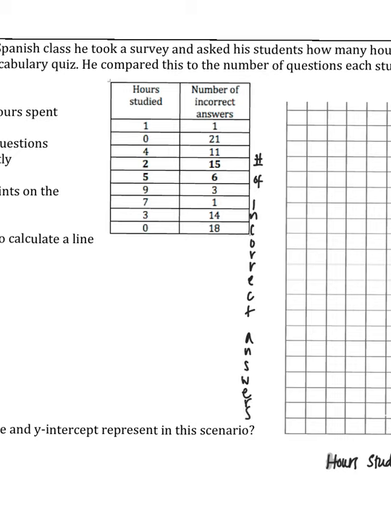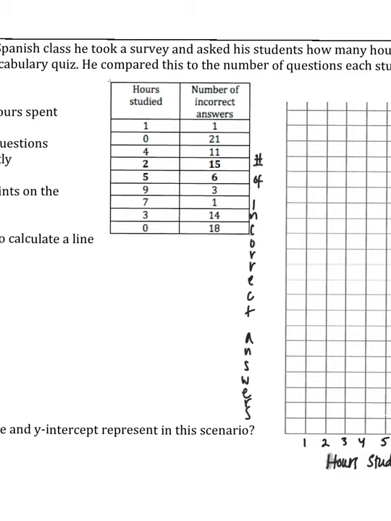All right, so let's decide how to scale our y-axis and our x-axis. I'm going from 0 to, it looks like 9, and I think I have enough room for that. 1, 2, 3, 4, 5, 6, 7, 8, and 9. So let's go ahead and number by ones down here.